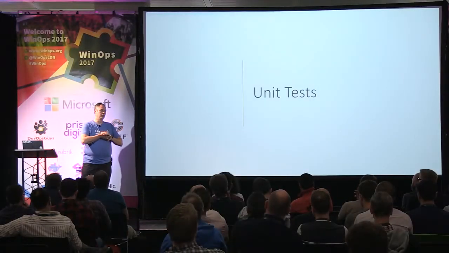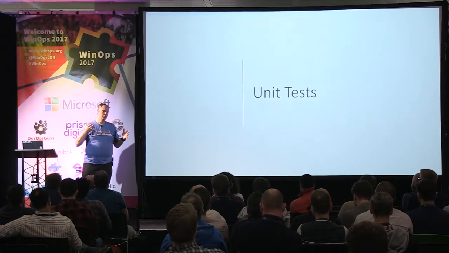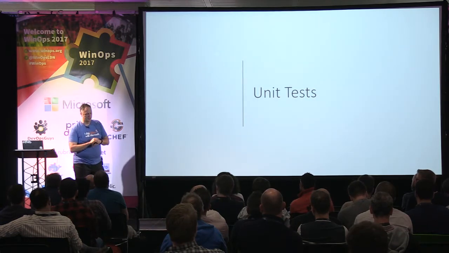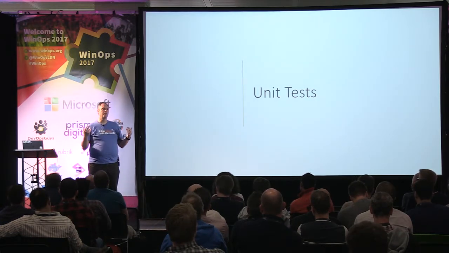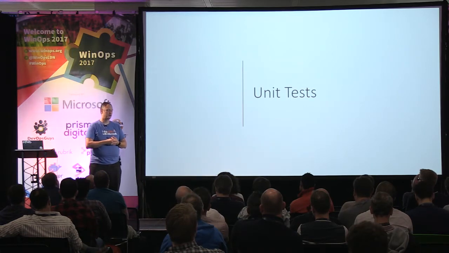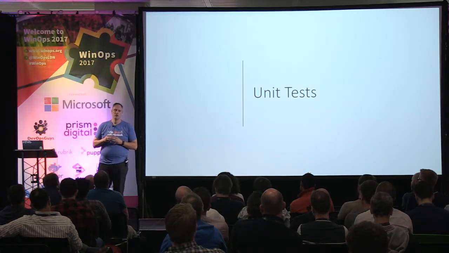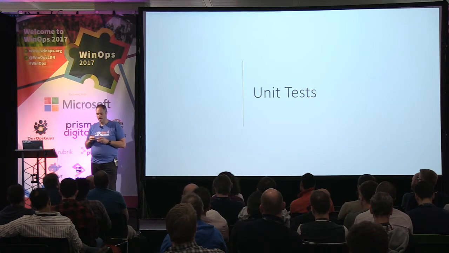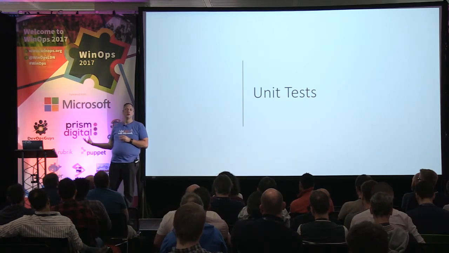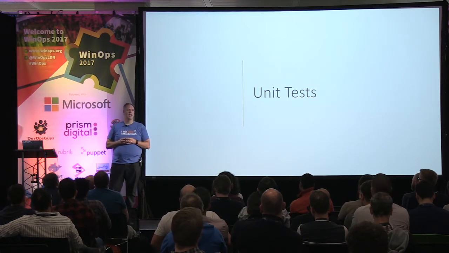Then we have unit tests. Now, in the PowerShell space, we have Pester. In the Ruby space, we have RSpec. And when we start talking about config management, when we start talking about unit tests, we have things like ChefSpec in the Chef world. But on the Windows side of things, we don't really have any tools yet around testing the MOF that gets generated.